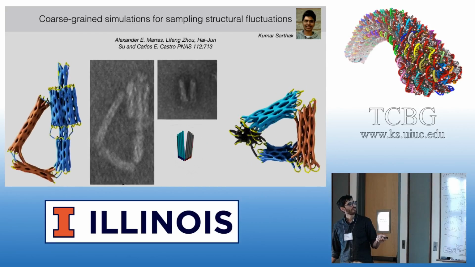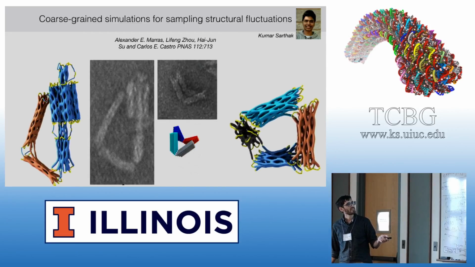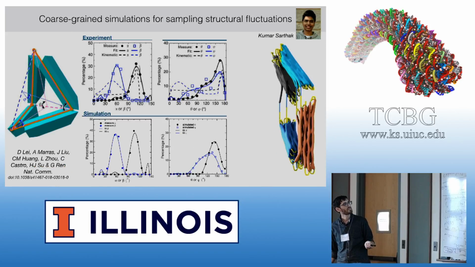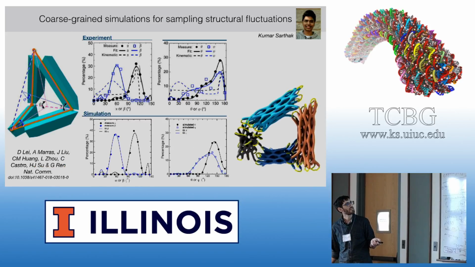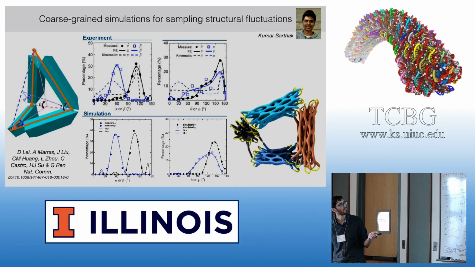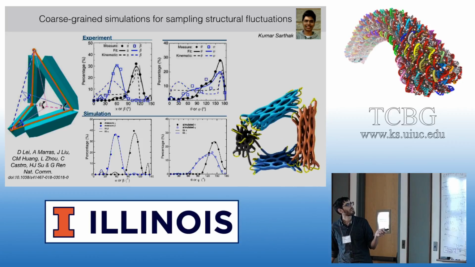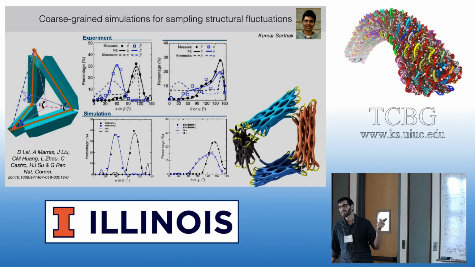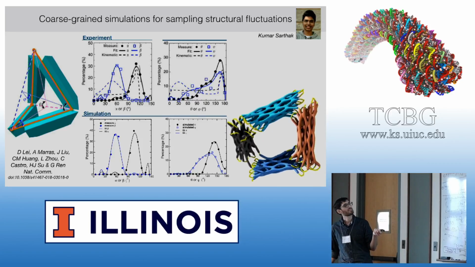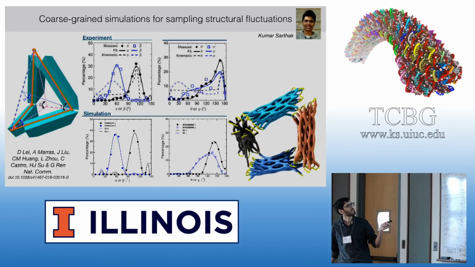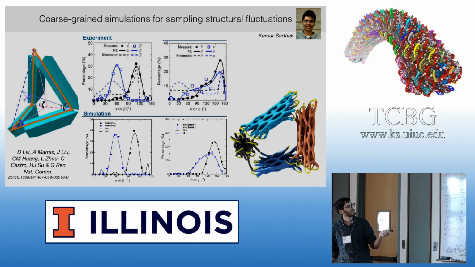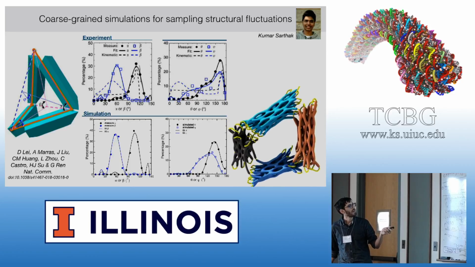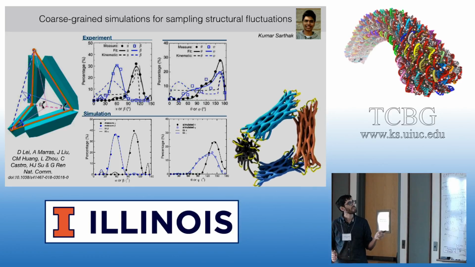And for the latter, we've actually been able to look at some comparisons with recent experimental data coming from Castro's lab. There was a paper where they were able to obtain three-dimensional single particle cryo-EM reconstructions of these objects, and they were able to measure from that the dihedral angles, or the angles between the planes in the structure.